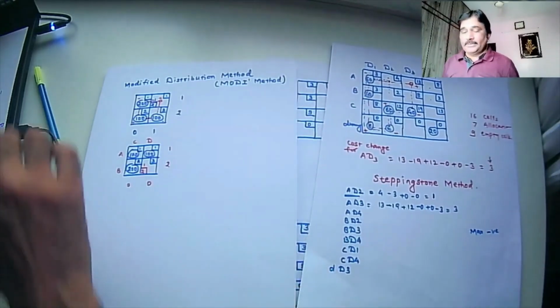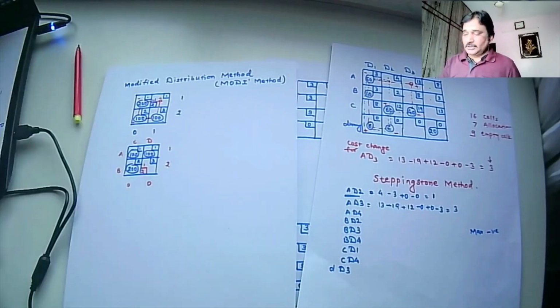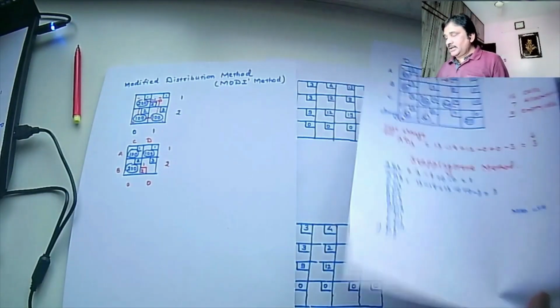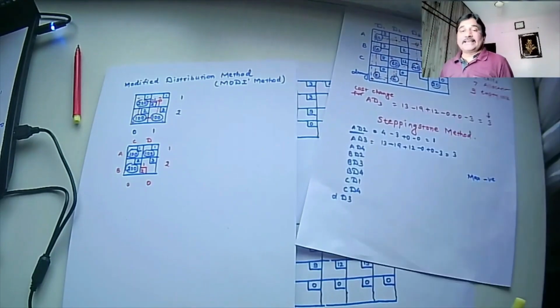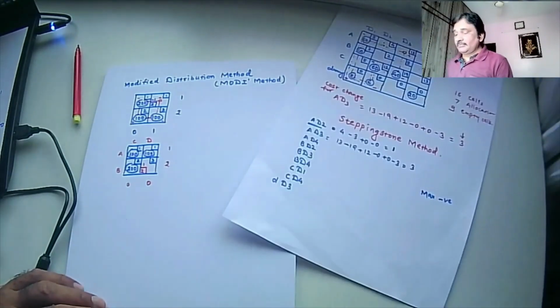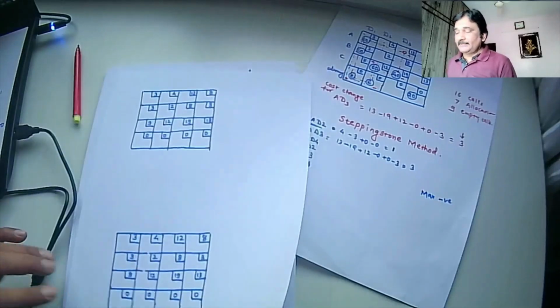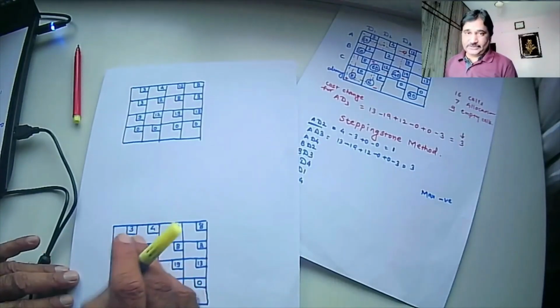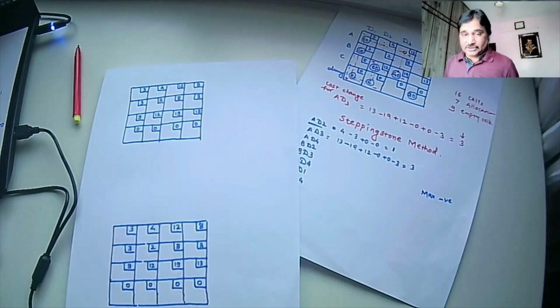Now we will be implementing the modified distribution method on our problem. So once again, bringing the story back from the initial allocation done by the northwest corner rule. I am assuming that I have done the initial allocation by the northwest corner rule.